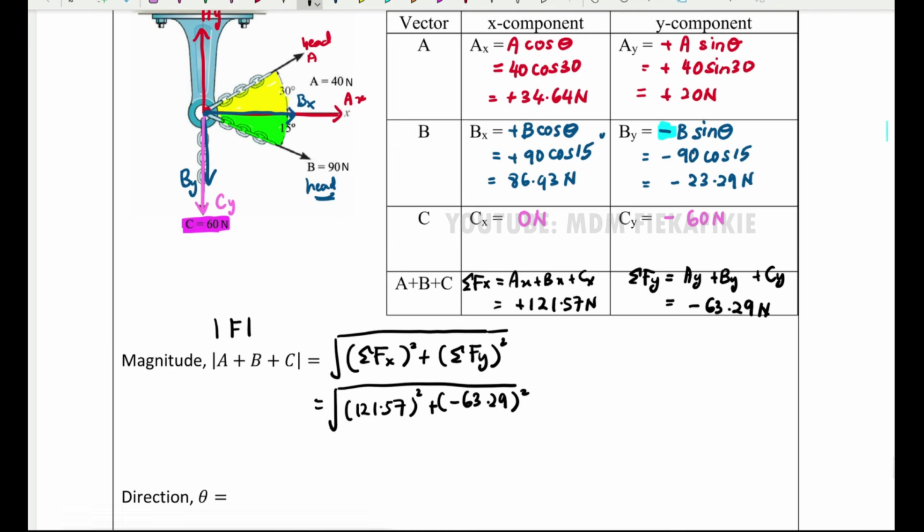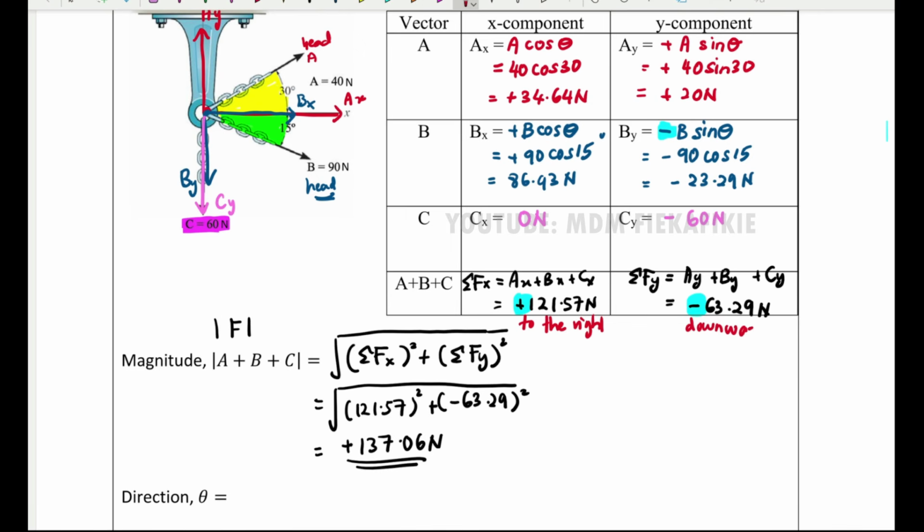Okay, so final answer, the resultant force or the resultant vector is positive 137.06 Newton. Okay, jadi you tengok dekat sini. Ini adalah positif, ini adalah negatif. Penting. So, bila positif, direction of the total force dia adalah to the right. And negatif ini maksud dia downward.